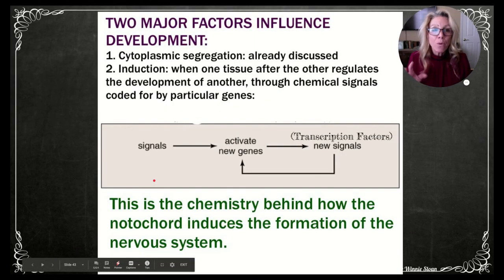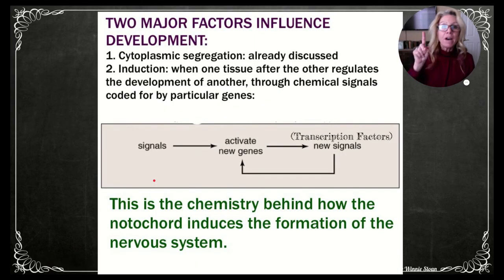Okay, so now we have talked about one of the 2 factors that influence development. The first one was cytoplasmic segregation, which we already talked about. Induction is the next one, and I've already introduced that to you. This is where one tissue influences another tissue, usually through transcription factors. Remember, transcription factors help RNA polymerase to bind to the promoter.